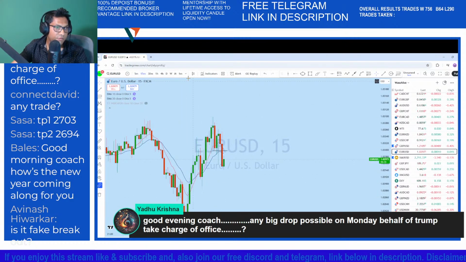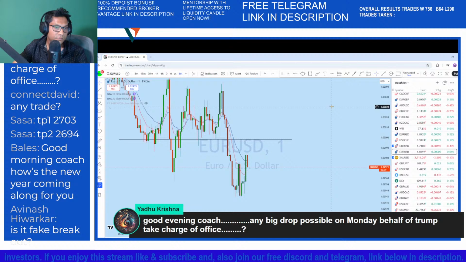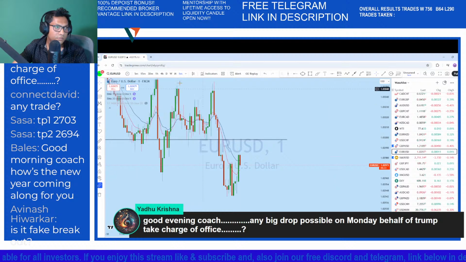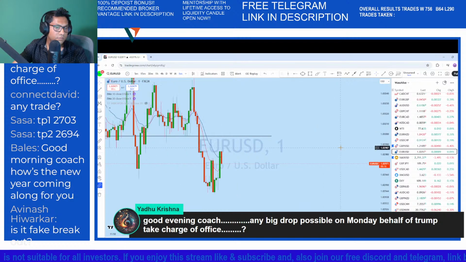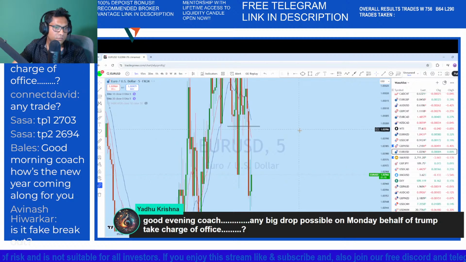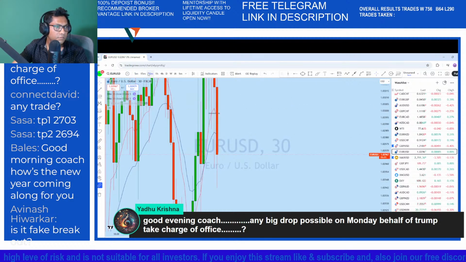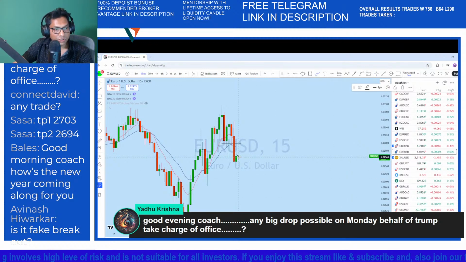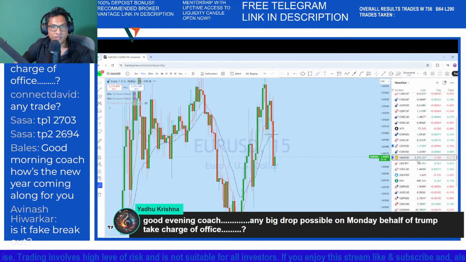So you can see from here the price is approaching that level. Want to see a bounce here, which is very important to look at, especially when the market trend is slower.